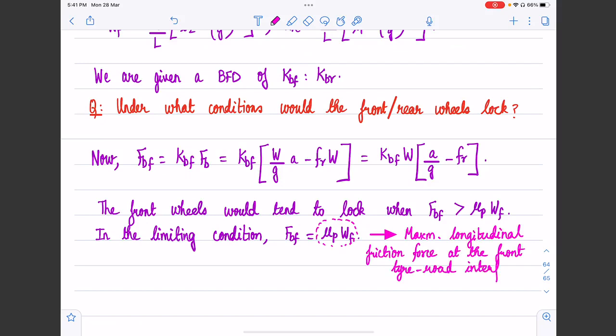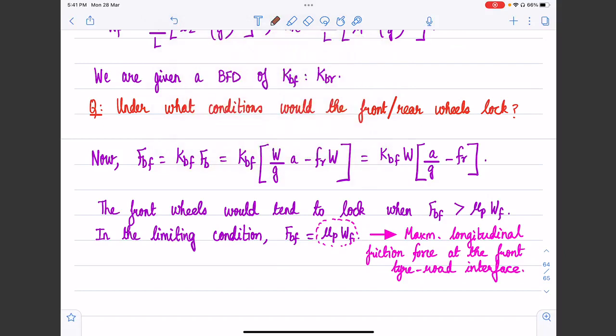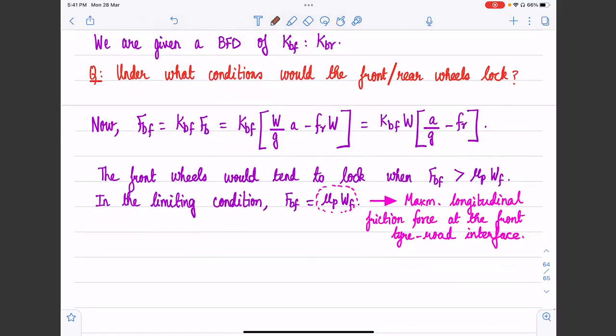Now we are just going to substitute things and evaluate. We will do some algebra here. Please note that FBF is equal to mu P times WF. What is FBF? We get it from this equation.